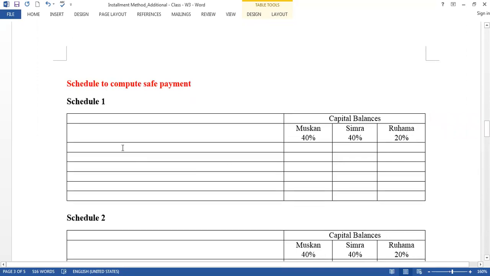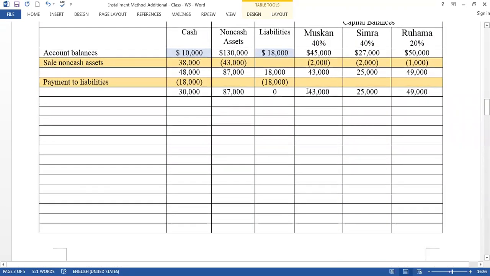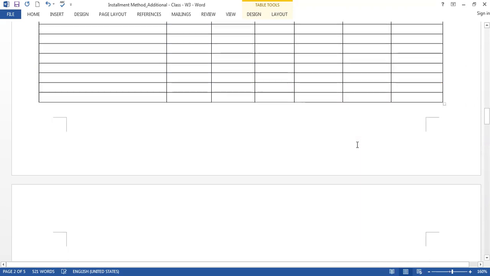Prepare schedule 1. So according to schedule 1, we have to write here capital balances before safe payment. So what are the capital balances before safe payment? We just copy from here.